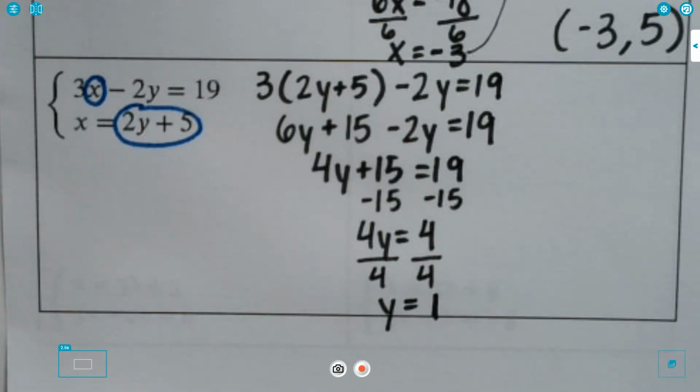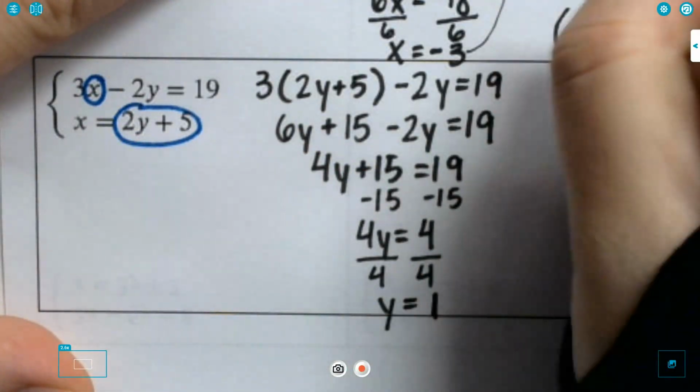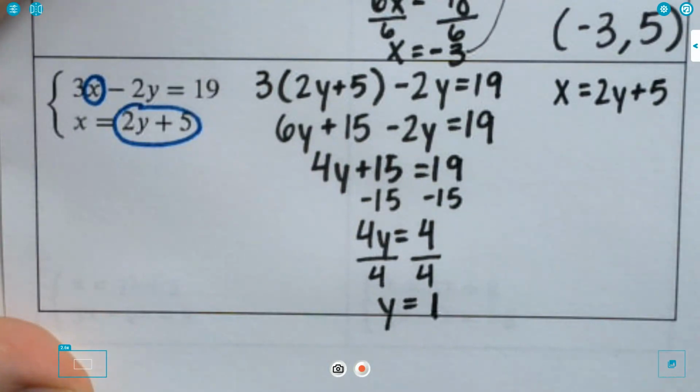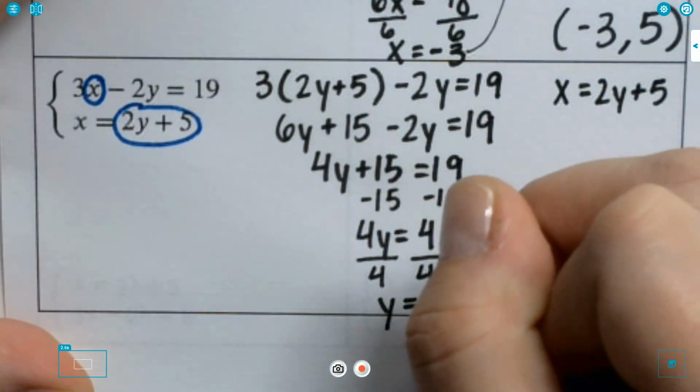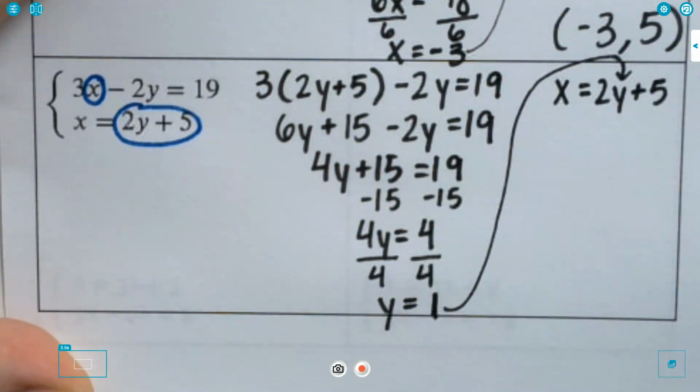Okay, we are then ready to plug in that fact that we now know y equals 1. We're able to plug that in for y to solve for x. So I'm going to take my other equation, x equals 2y plus 5, and that's the equation I'm going to use. I'm plugging in the fact that I know y equals 1 for this y right here.